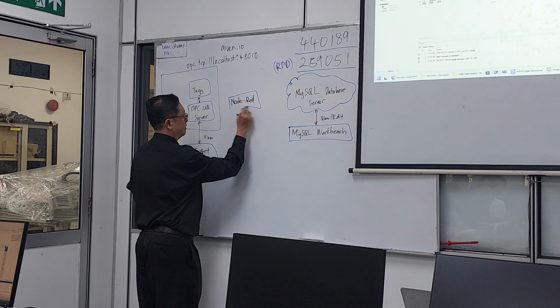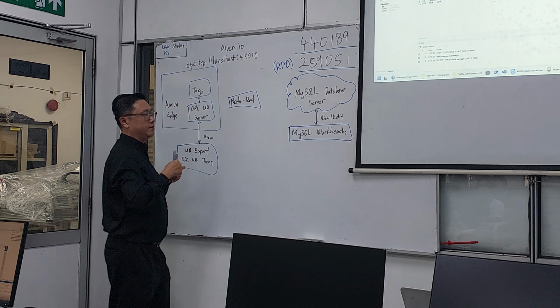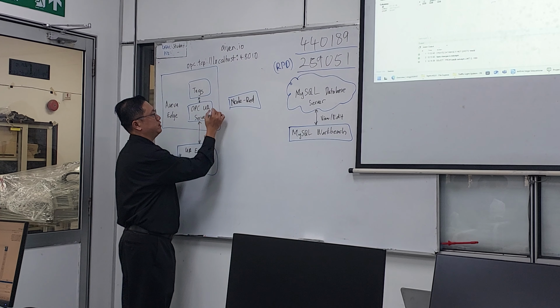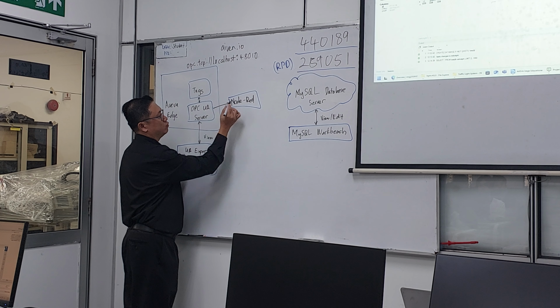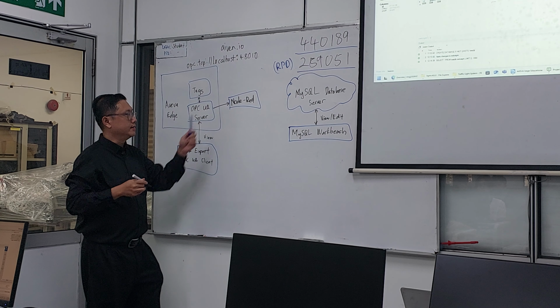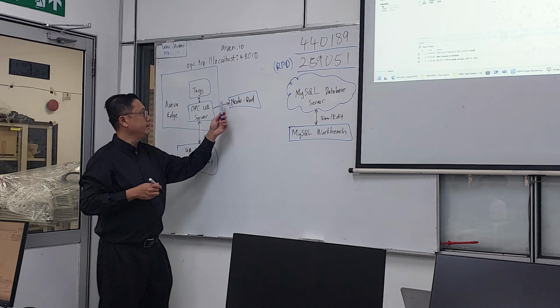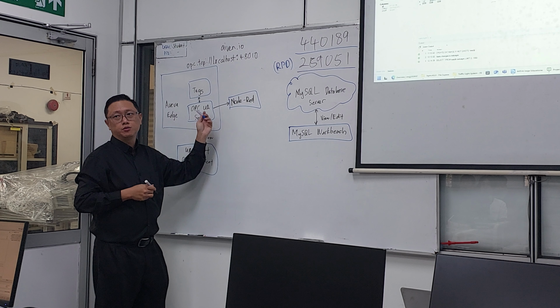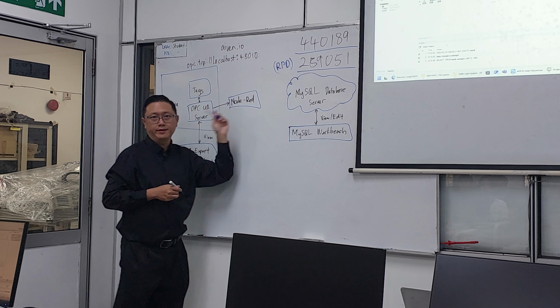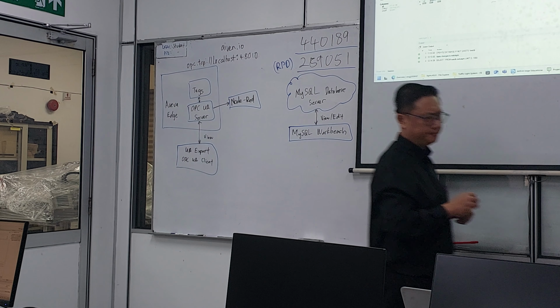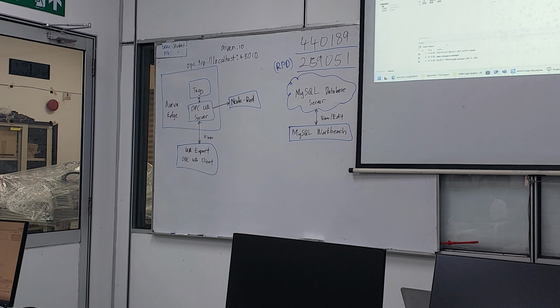So the first thing is that we need to read it from this OPC UA server, okay, to the Node-RED. Then only we can resend here. So what we need now to do is to read it from this OPC UA server from the Node-RED. Okay. So from the Node-RED here, we go to start menu, type node.js.